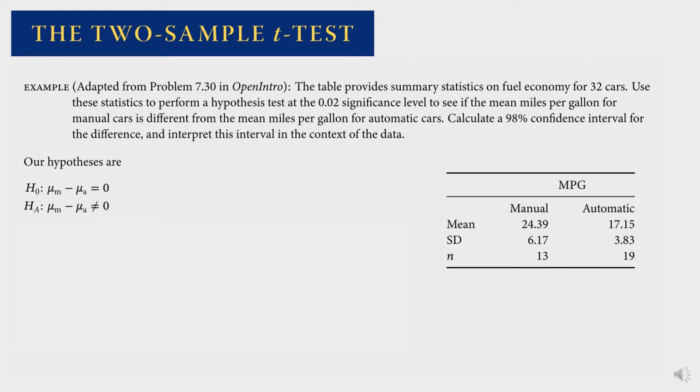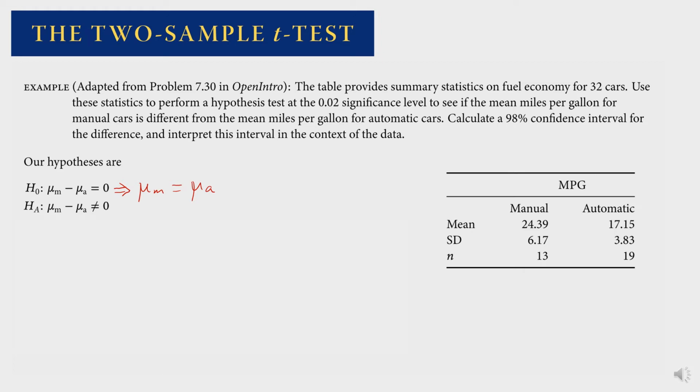Our null hypothesis will be that the difference in population means is 0. We assume that the mean gas mileage for all manual transmissions is the same as the mean for all automatic transmissions. We're testing for a difference. So our alternative hypothesis is that this difference is not equal to 0.